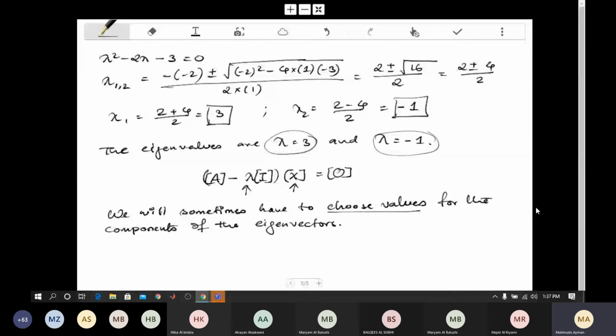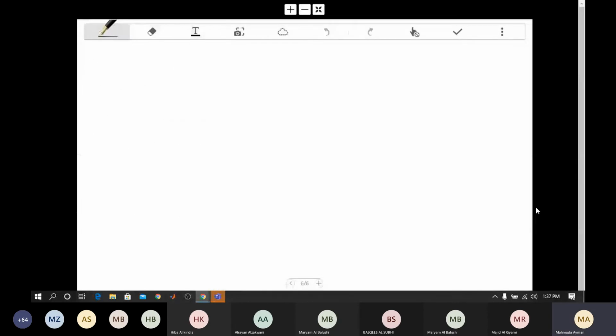So there could be multiple eigenvectors for that particular eigenvalue. What I'm saying will get clearer with time. So the solution of this equation gives only a form of the eigenvector, and any scalar multiple of the answer is also an eigenvector. Let me explain that in a bit more detail.